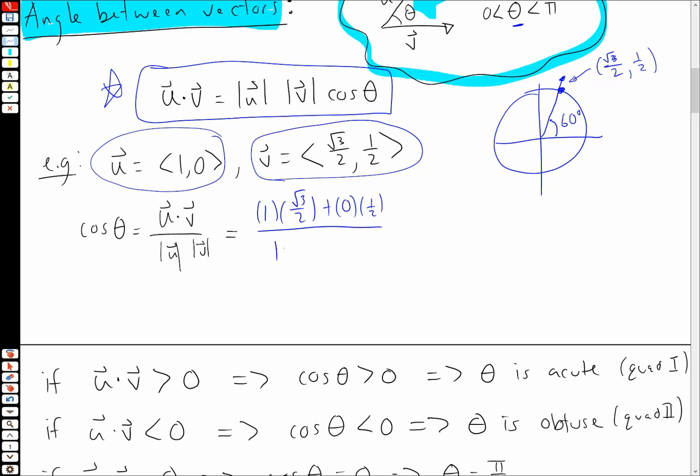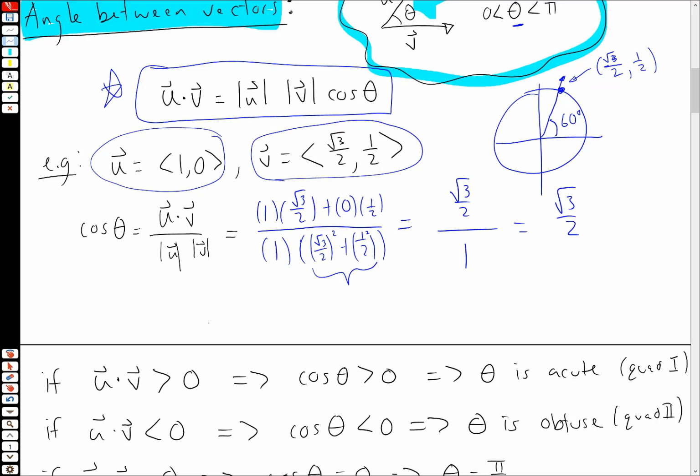The length of v is equal to the square root of (square root 3 over 2) squared plus (1/2) squared. And let's simplify that a little bit. So on the top, we're going to get square root 3 over 2 divided by, now if you add this up, what you'll see is that you'll get 1. So we just get square root 3 over 2.